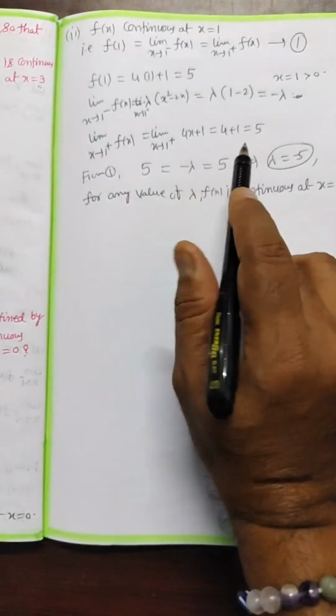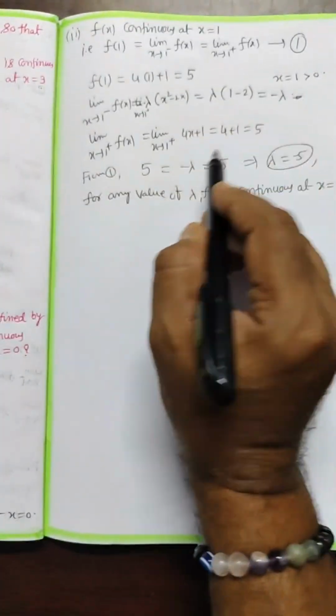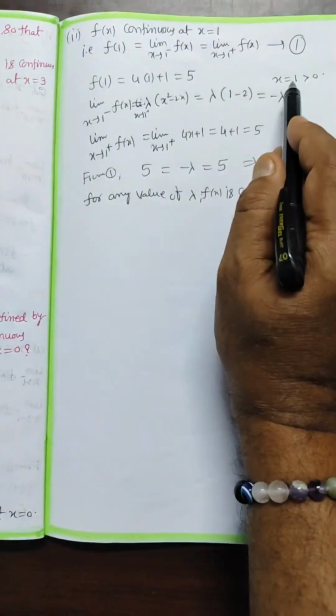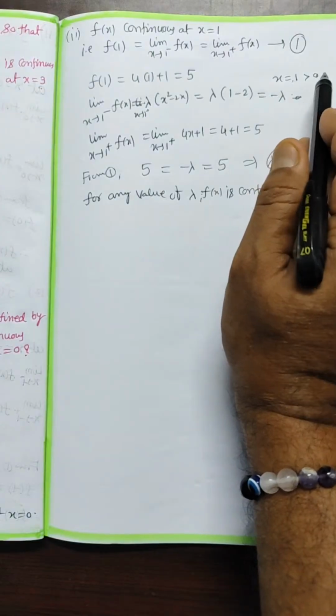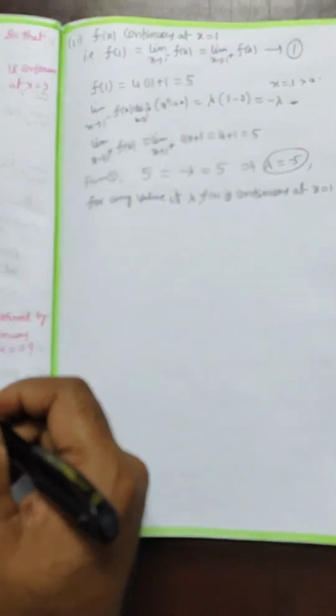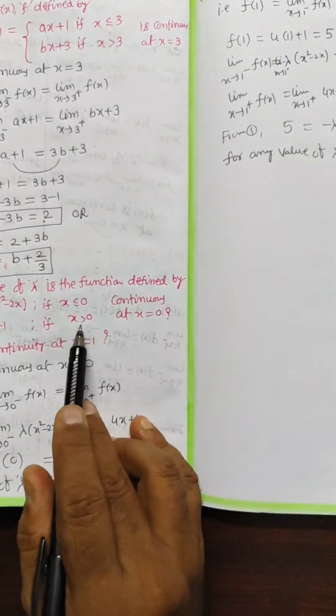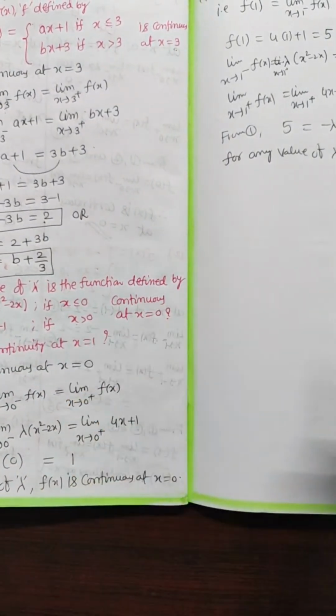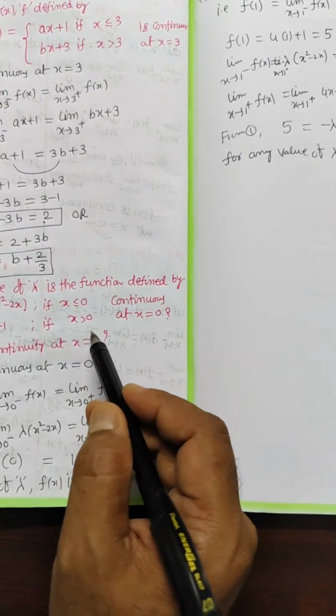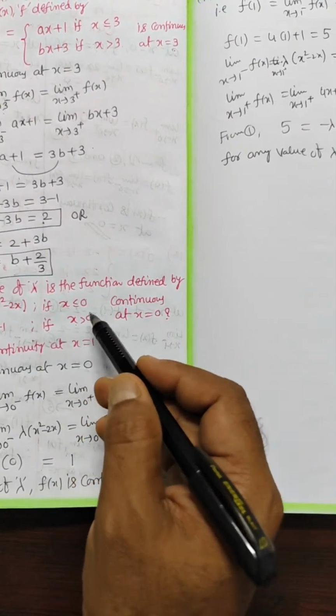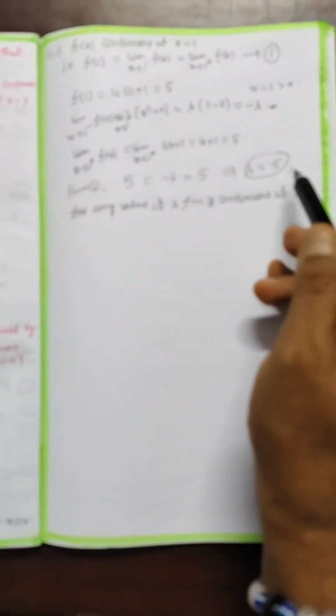Here, dear students, one important thing you remember. Here x is equal to 1, which is greater than 0, no? But we have the question here: x is greater than 1 means x is greater than 0, so 1, 2, 3 and so on will come. For taking the values 1, 2, 3, these lambda values will change, dear students.